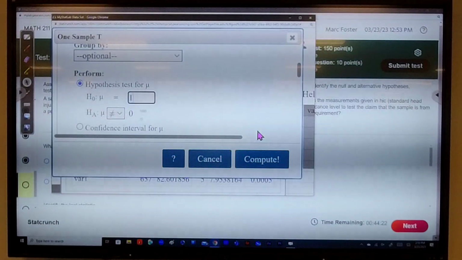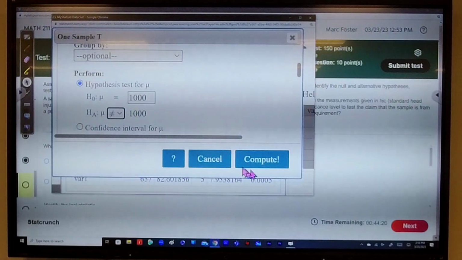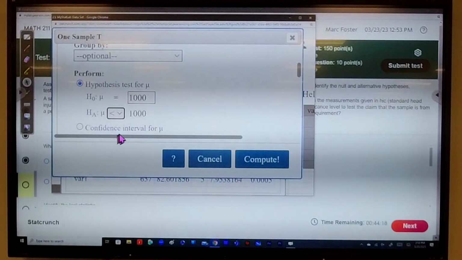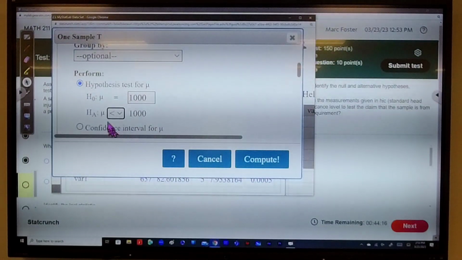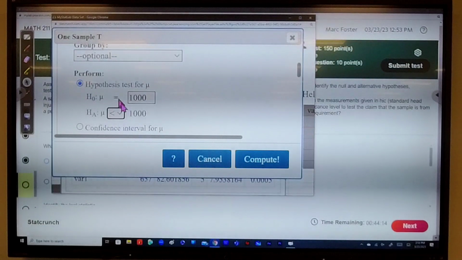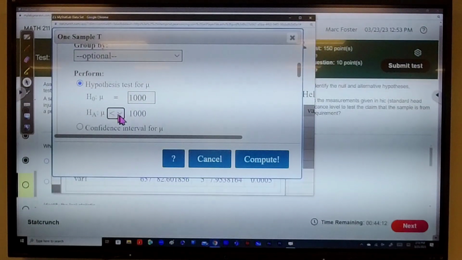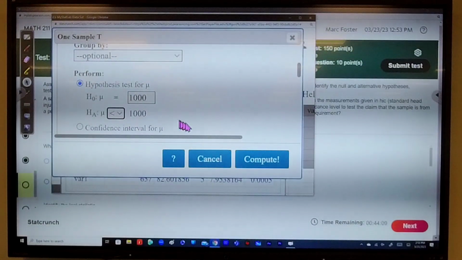So mu is equal to 1,000 or mu is less than 1,000. Don't forget to change your inequality right there, because if you forget to change it, then you'll get the right test statistic, but it'll be the wrong p-value.